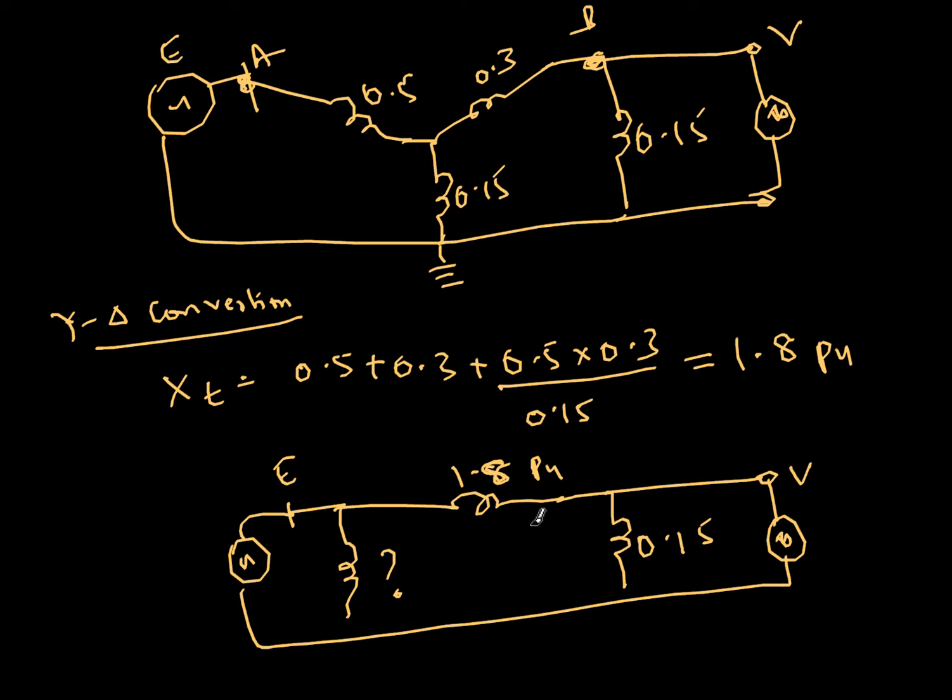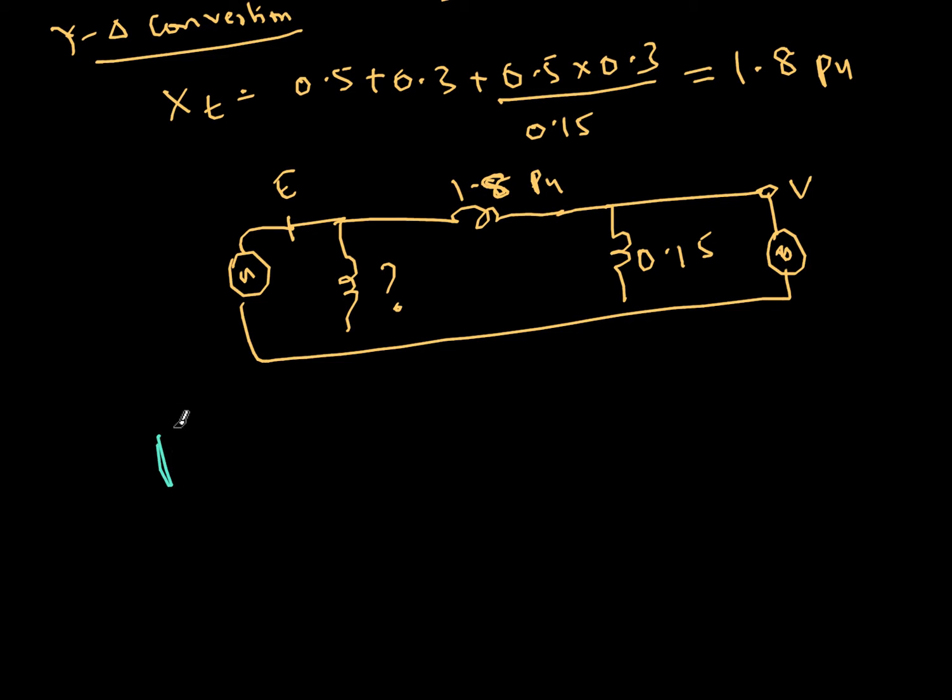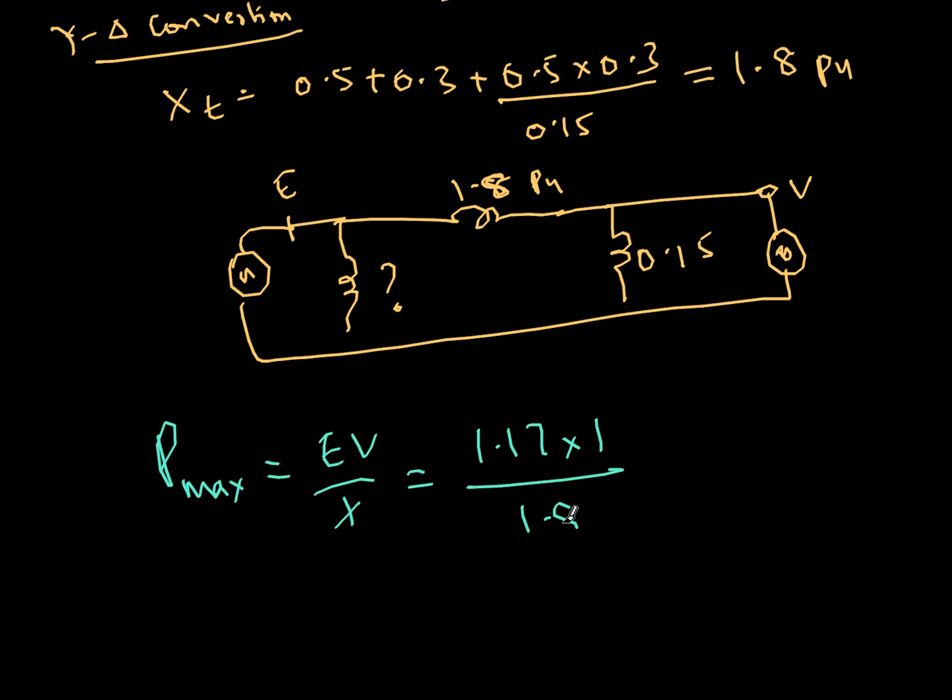So this is what matters when calculating the maximum power transfer capability. So Pmax will now be EV by X, which is 1.17 into 1 divided by 1.8. So this is 0.65. So this we are denoting as Pmax2.